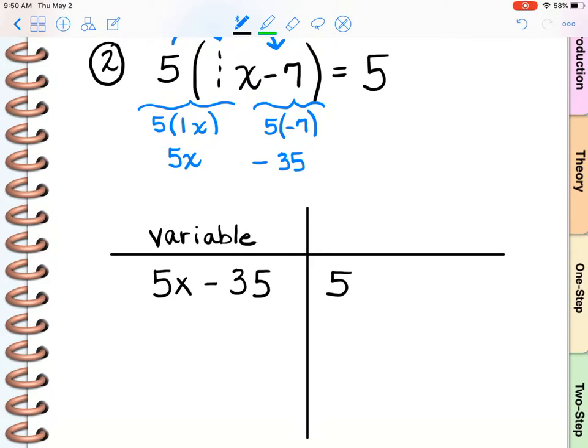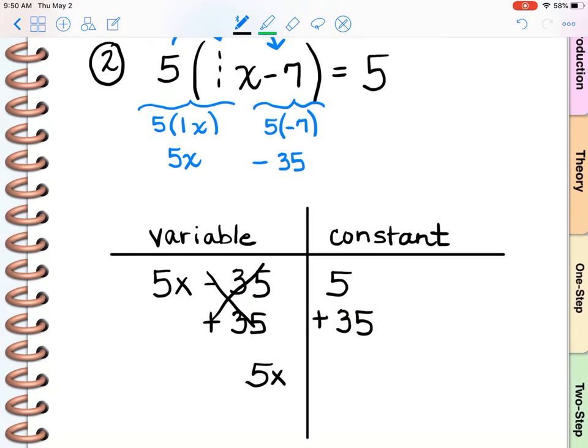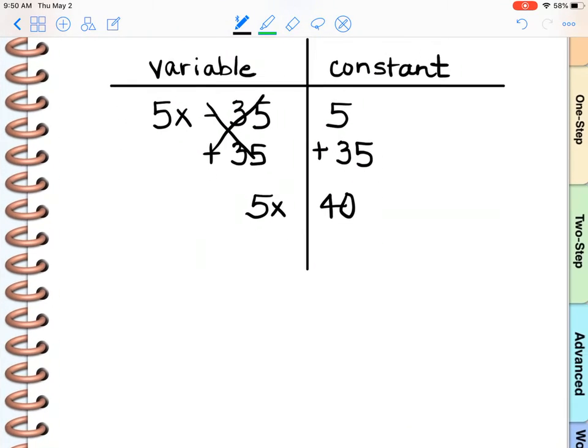And this is constant. So this is plus 35, and this is plus 35. And cancel. So I'm left with 5x equals 40. And divide by the coefficient. So this is x equals 8.